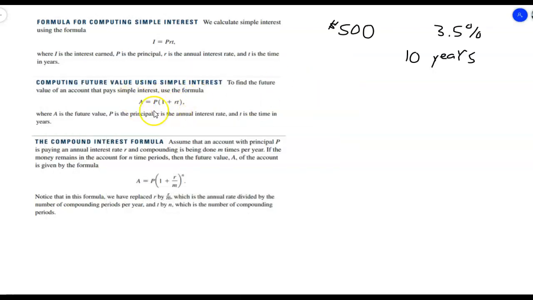Now we have a formula that does both of those steps in one. The A is the future value, so it'll be both the deposit or the principal that you put in, as well as any interest that you earned. So let's put that one in our calculator and we should get the same value.